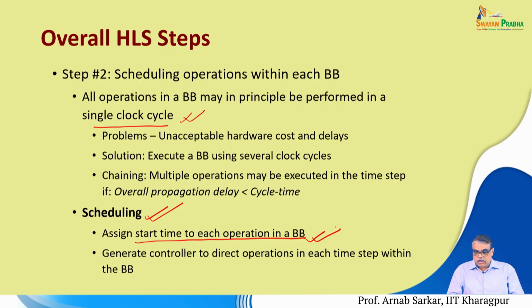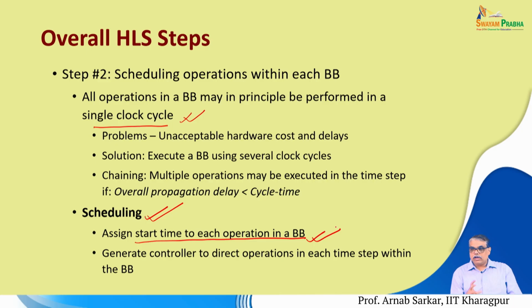So, now we have the control flow graph or the master controller. Within the master controller we have nodes, and those nodes are basic blocks. We have ascribed time steps to operations within the basic block using scheduling, and then we have a controller to control that those operations actually happen at those time steps.